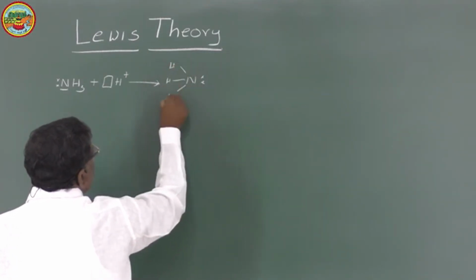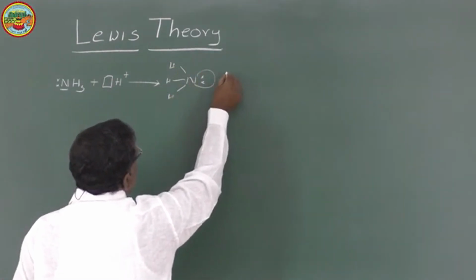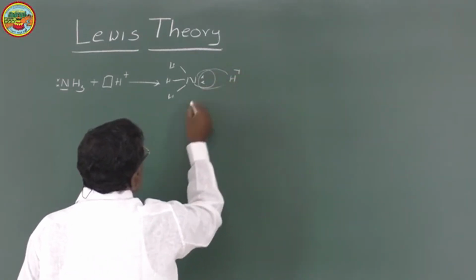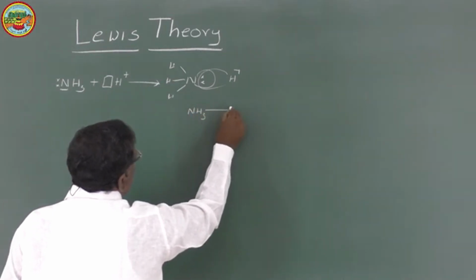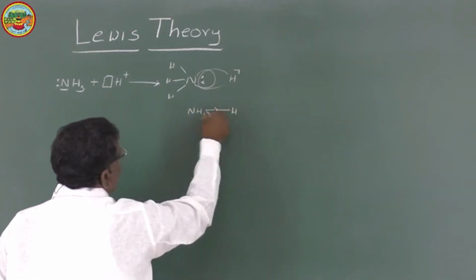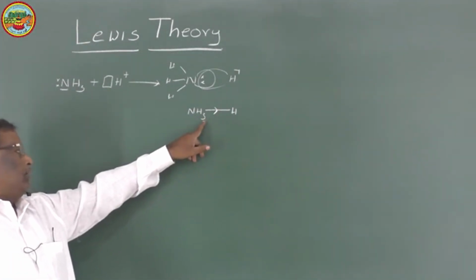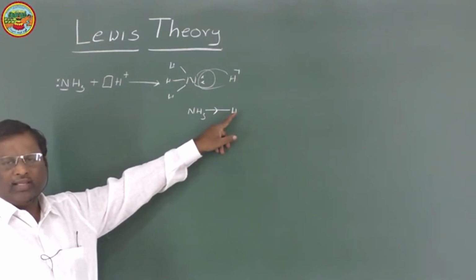This is NH3, where one pair of electrons is present, and hydrogen has an empty orbital. These two will form a covalent coordinate bond, and this covalent coordinate bond is denoted with this sign, an arrow showing from donor to acceptor.